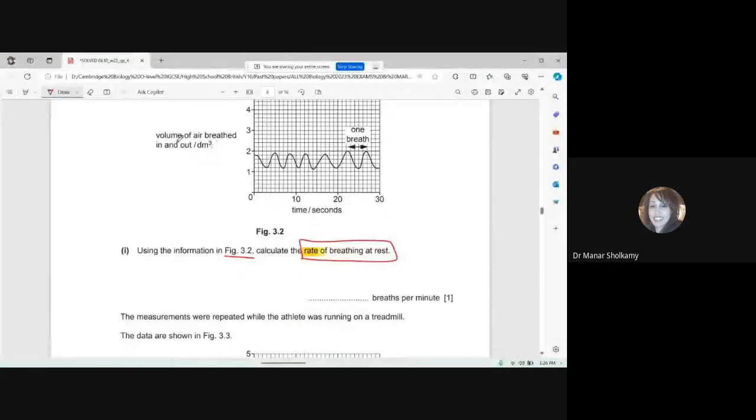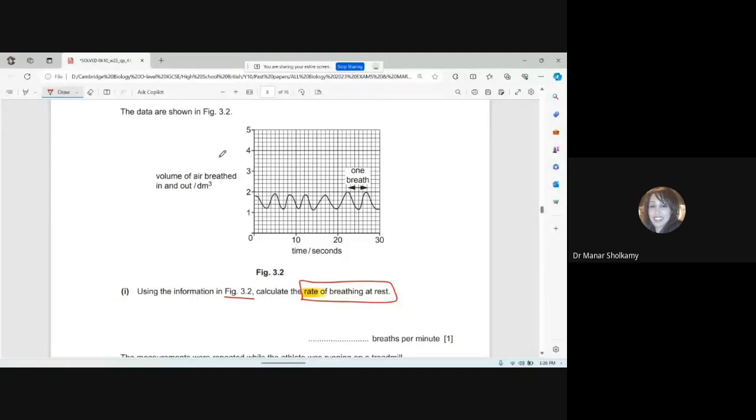Now, the measurement here will be what over time? What will you divide over time to get the rate of breathing? One breath per specific time. One breath only in 30 seconds.